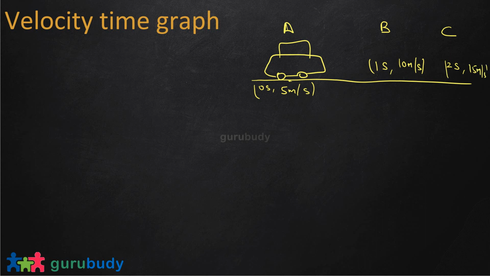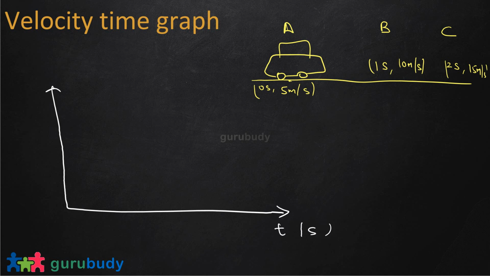Okay, so now I'm drawing a velocity time graph. This is my time in seconds and this is my velocity in meters per second, right? Initially at time equal to 0, the car is at point A, which would be here, because the car is at 0 time and 5 meters per second velocity.